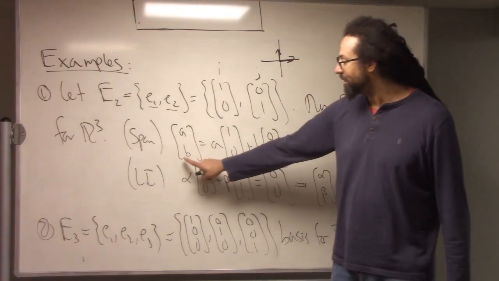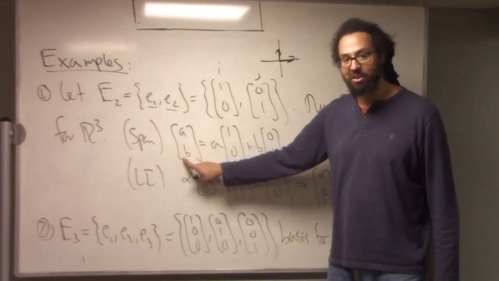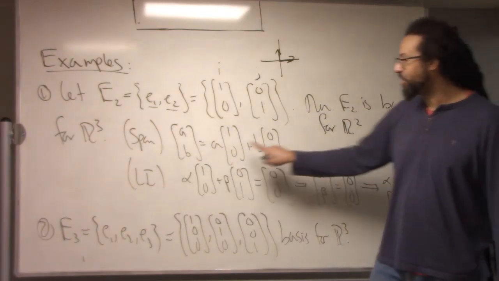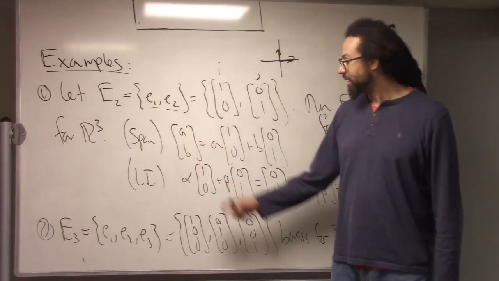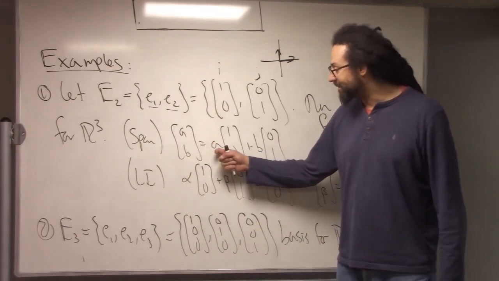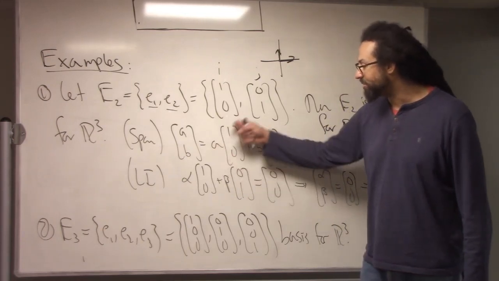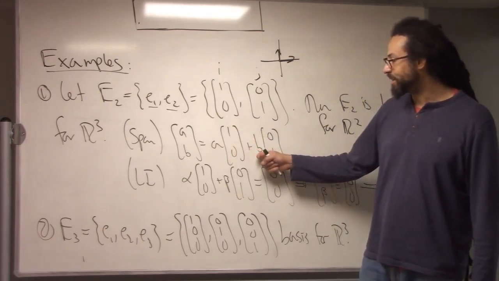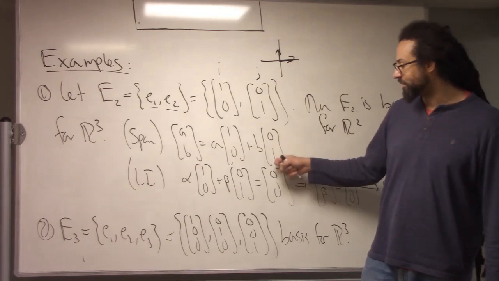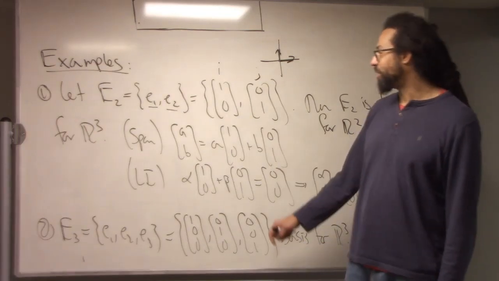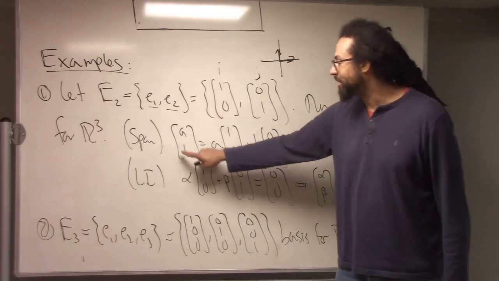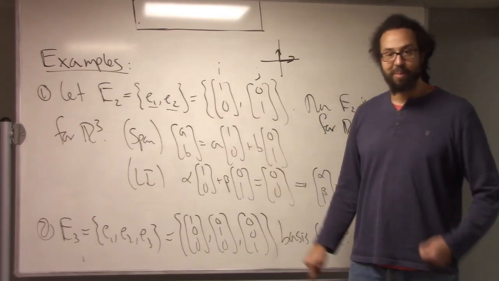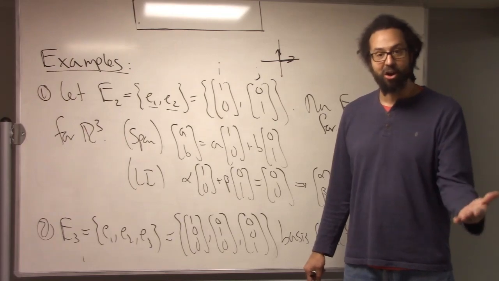So for example, any vector in R2 can be written as (a, b), where a and b are real numbers. This is certainly the scalar a times the unit vector (1, 0) plus the scalar b times the unit vector (0, 1). In other words, it's a e1 plus b e2. So these two vectors span the entire space R2.